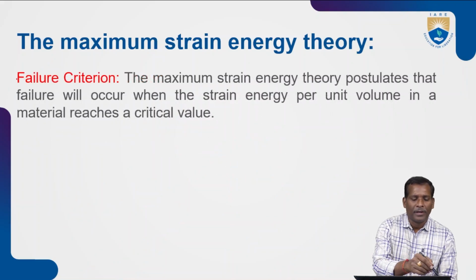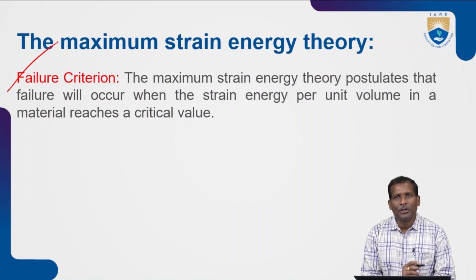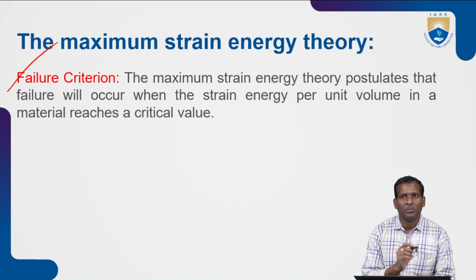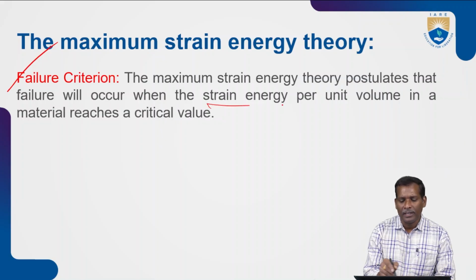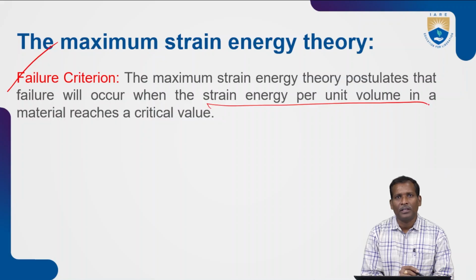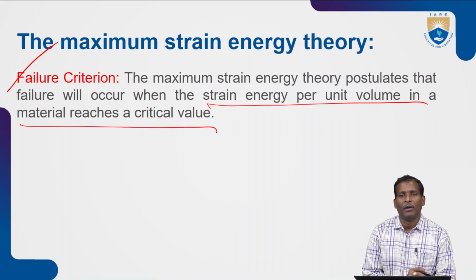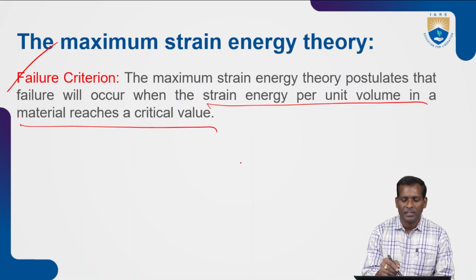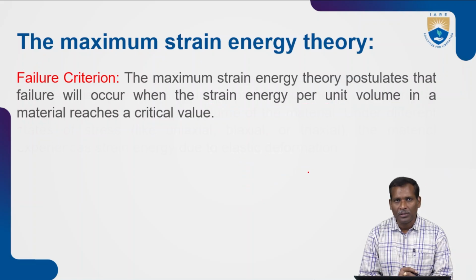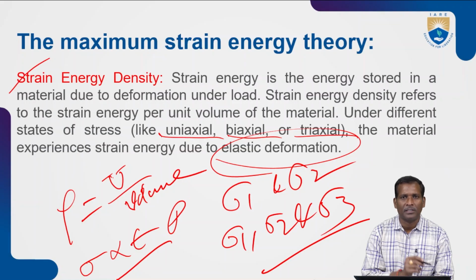So next, failure criteria. The maximum strain energy theory postulates that failure will occur when the strain energy per unit volume in a material reaches a critical value. That is the strain energy density, which we have already discussed.